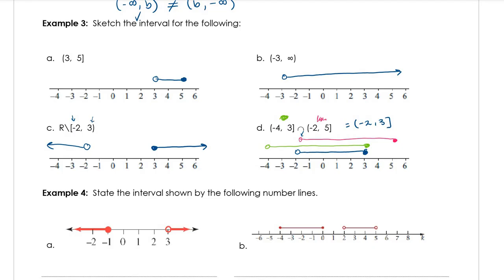This one here, we've excluded some numbers, so that's something to really keep in mind. We're working from negative infinity to negative 1 included, and then we're also going from 3 to infinity.